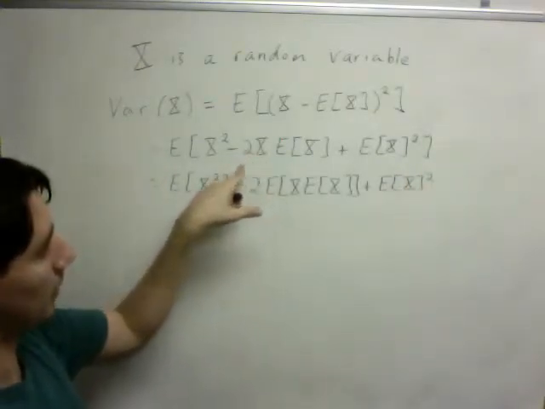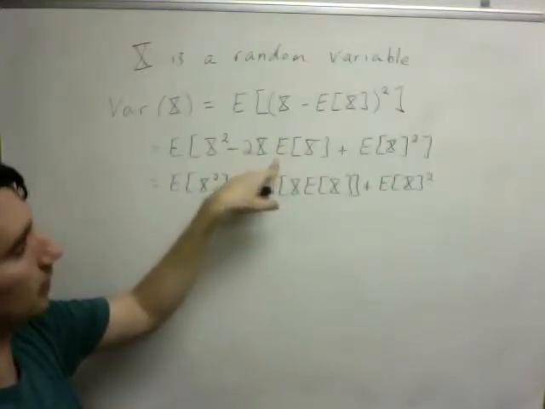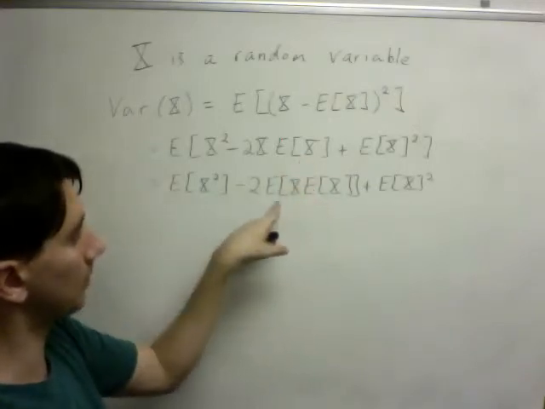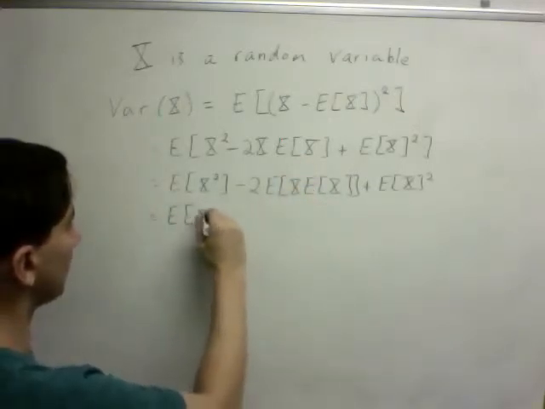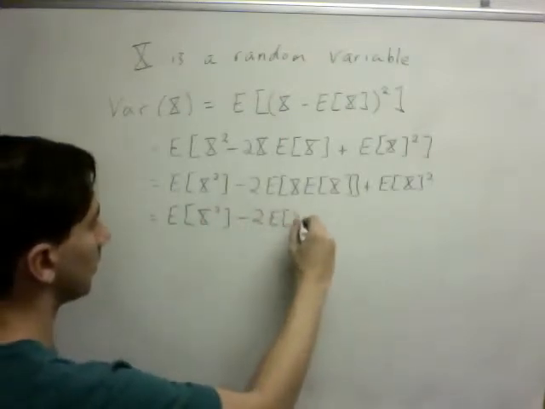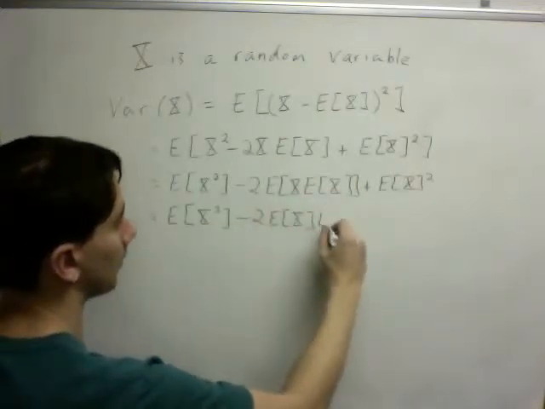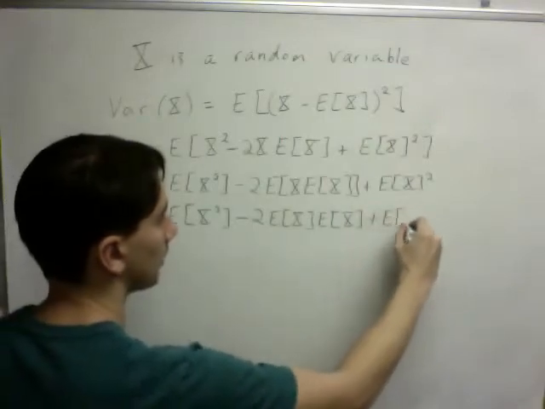Here I pulled out a constant, the minus 2, but notice that e of x is also a constant, right? Once we've taken the expected value of a random variable, we just get a number. So in fact, I could pull this out also. So this is the expected value of x squared minus 2, so I pull out this e of x, but I still have an x inside, so I still have an e of x, and then plus e of x squared.